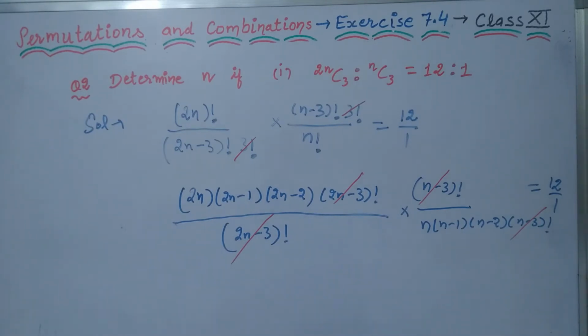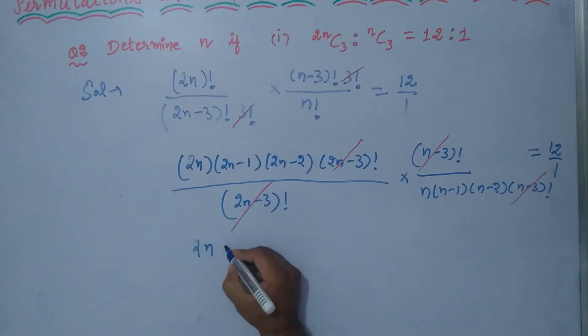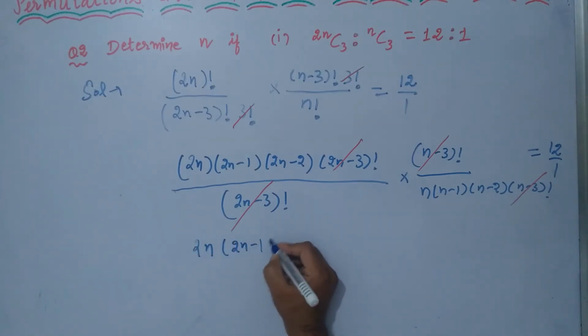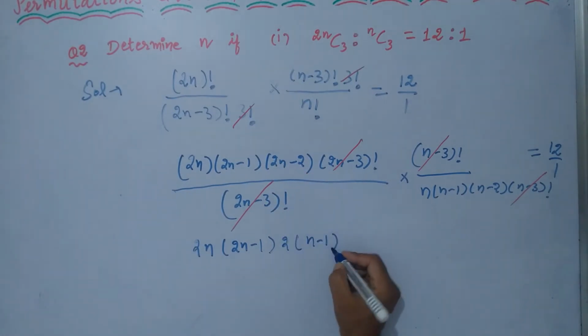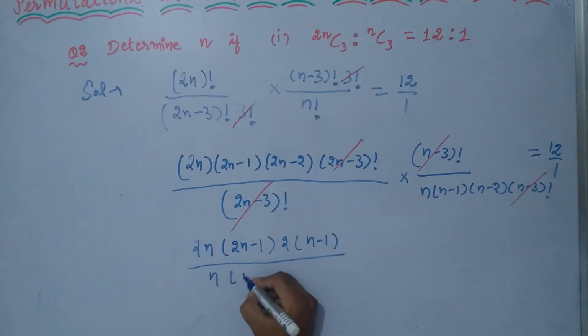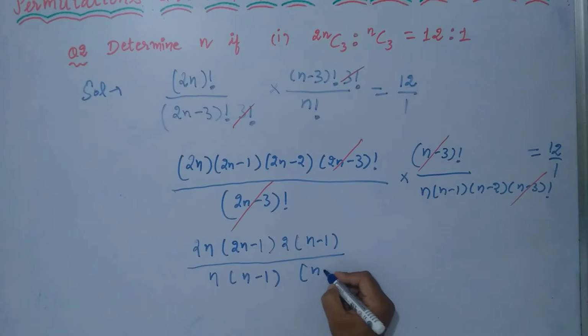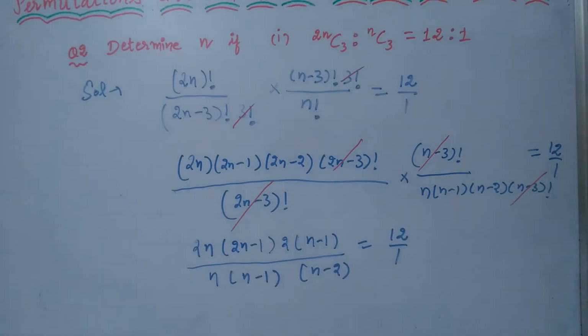Now thereafter we write this as 2n into (2n minus 1). Taking 2 common, we have (n minus 1) divided by this whole term n into (n minus 1) into (n minus 2). Right hand side is 12 upon 1. So what we see now, 2 ones are 2, 2 twos are 4, and 4 threes are 12.